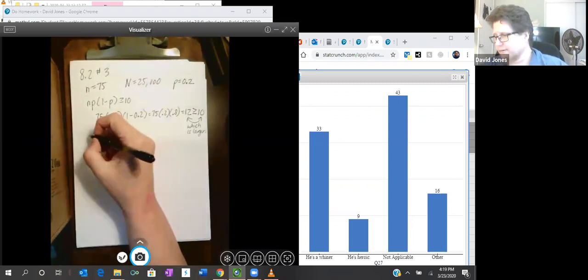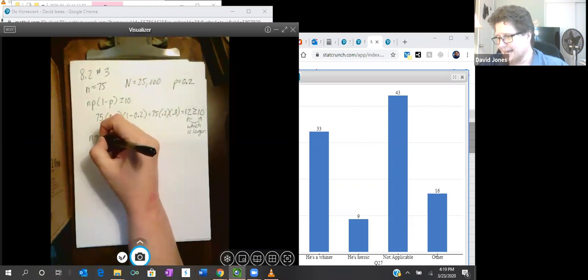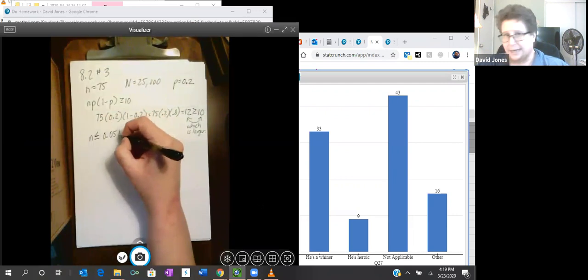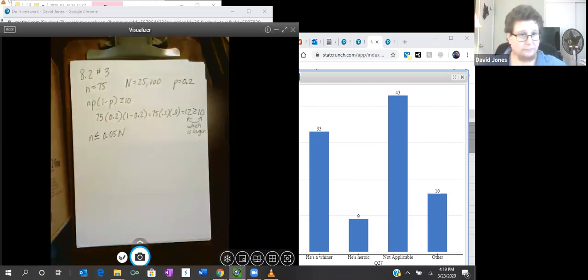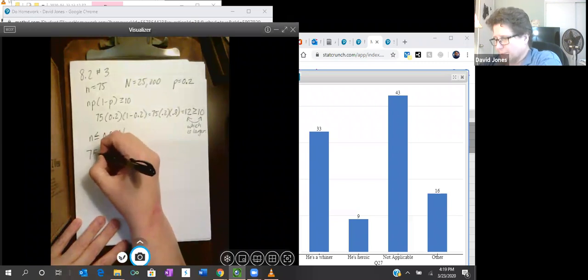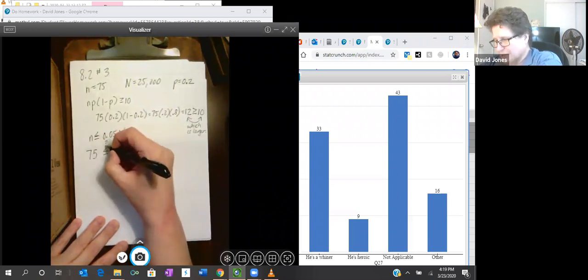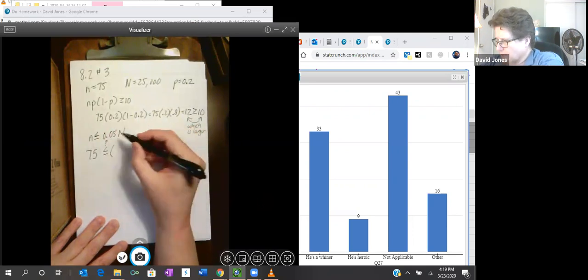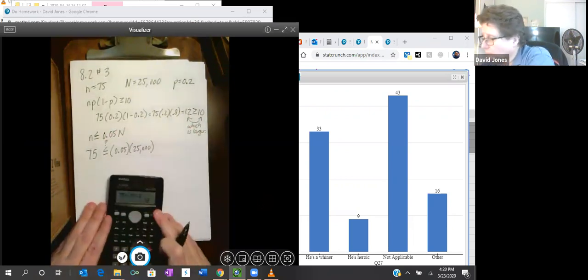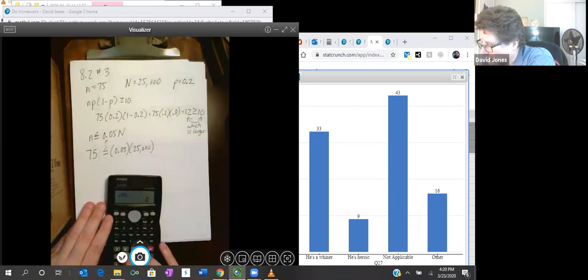The second criteria we wanted to check was, is n less than or equal to 0.05 times big N? So this is the question, is 75 less than or equal to 0.05 times 25,000? We enter this into our calculator.